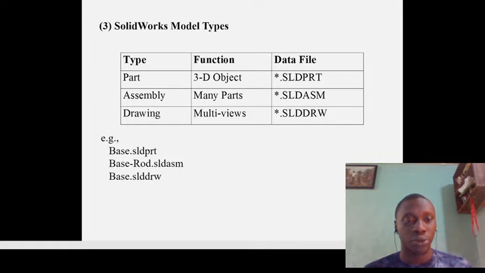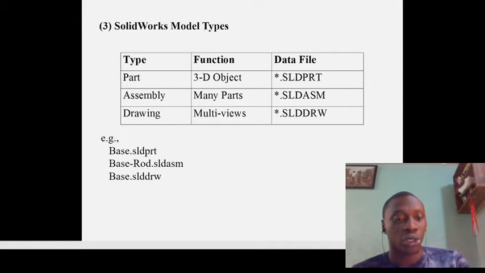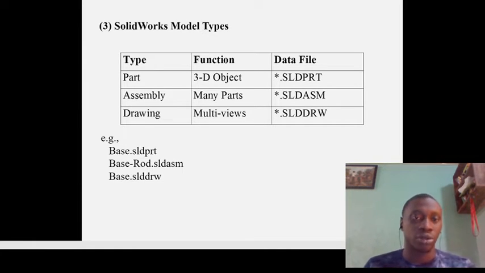When they assemble the base with the rod, giving base-rod, the name is base-rod.sldasm, meaning it is an assembly. And when they want to produce the drawing that engineers will understand, base.slddrw. I'll click on next.